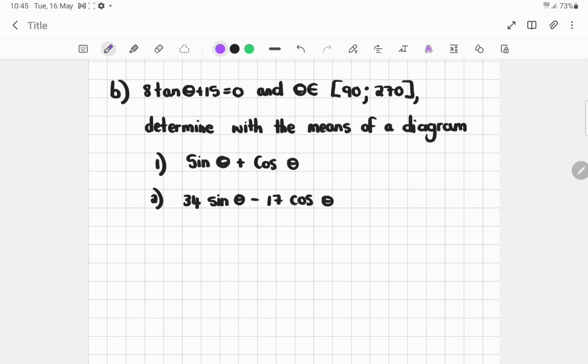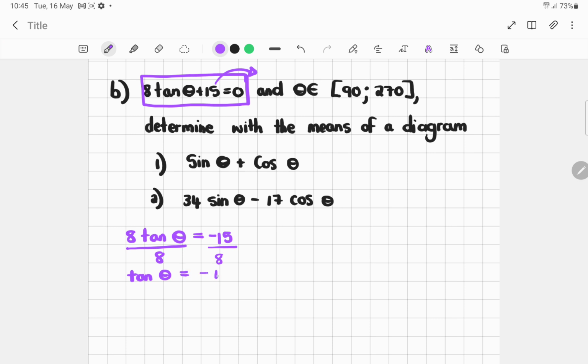First, we simplify our equation: 8 tan theta is equal to, if you throw that over, negative 15, then you divide by 8. So tan theta is equal to negative 15 over 8.